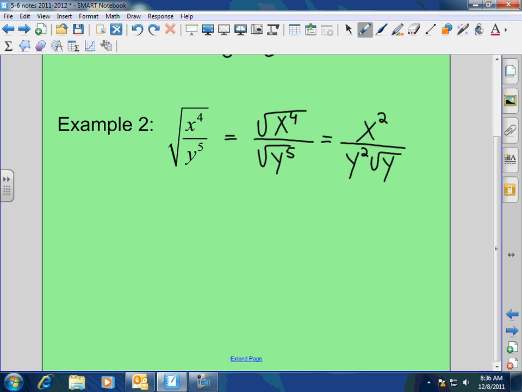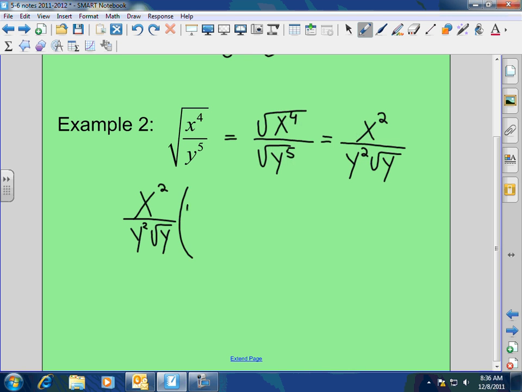But I have one tiny problem here. I have a square root of y here in the denominator. So that means I have to rationalize. So in order to rationalize this, it's very easy. I have a square root of y, so that means I need 2 y's to pull one y out of the radical.